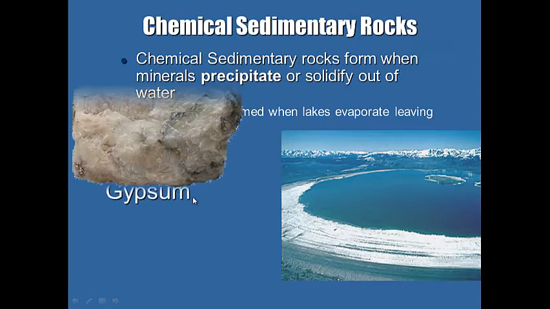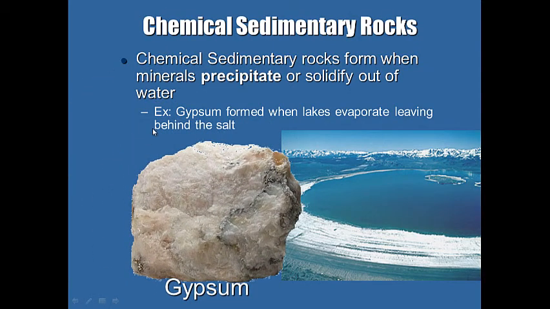Okay? Let's look at gypsum. Gypsum is a chemical sedimentary rock that formed when minerals precipitated or solidified out of water. Okay? So chemical sedimentary rocks are rocks that form when minerals precipitate or solidify out of water. For example, gypsum formed when lakes evaporate, leaving behind this crusty, white, salty stuff. That is gypsum.